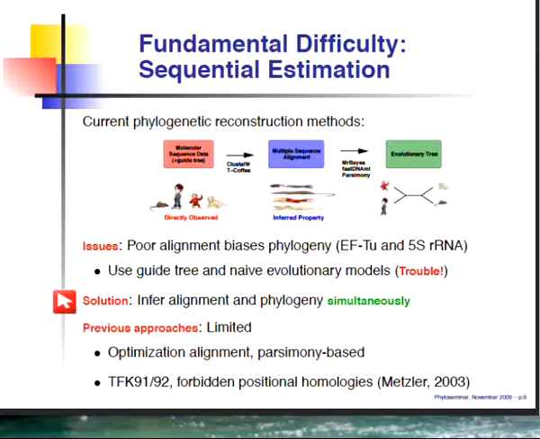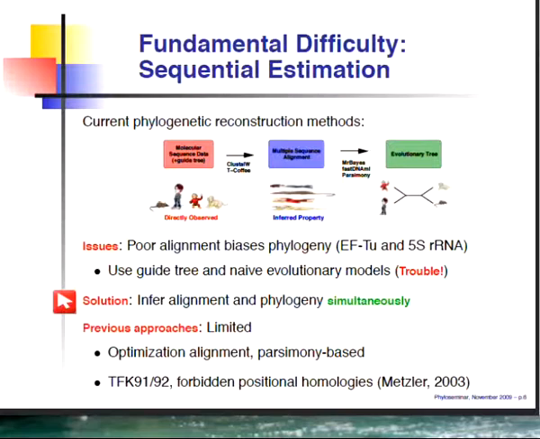Additionally, there has been considerable work in developing stochastic models that give rise to multiple sequence alignments given sequences. So how the insertion deletion process occurs along a tree. Most notably among these come from Jeff Thorne and his early work in the 1990s, so the TKF91 and 92 models, and their use in inference of evolutionary trees.